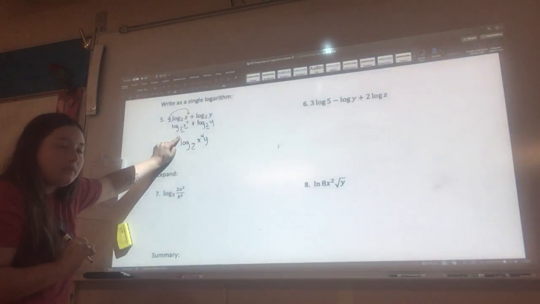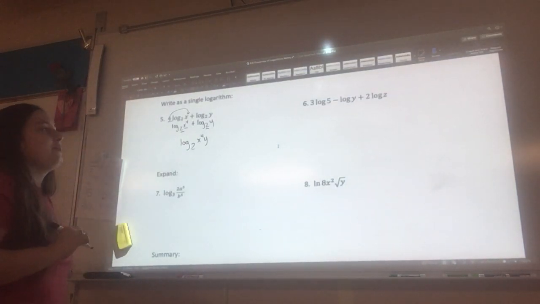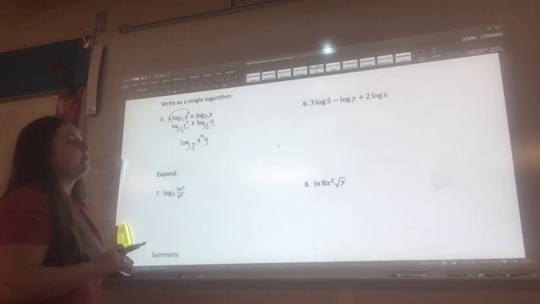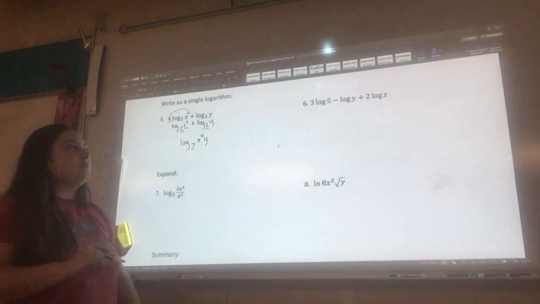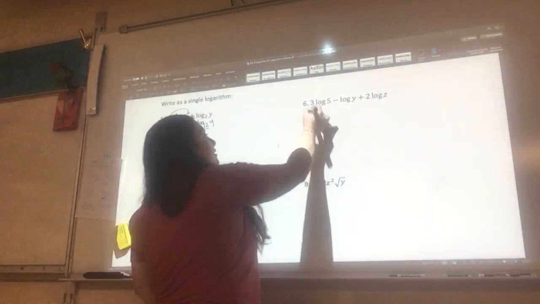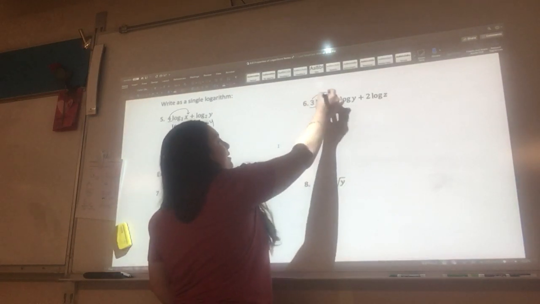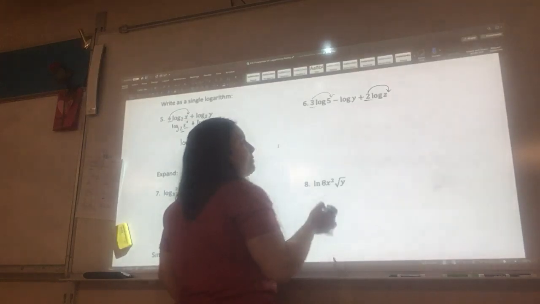If you feel really confident, please go ahead and continue by yourself. If not, please follow along. This one's interesting. I have a minus and an addition. Okay, let's go through it. Our first thing is we have a number. We need to put it as an exponent. We have another number. Put it as an exponent.